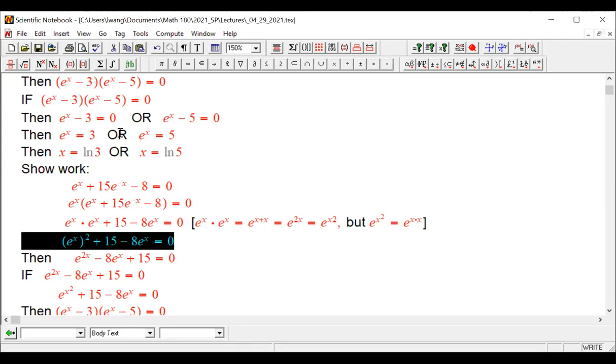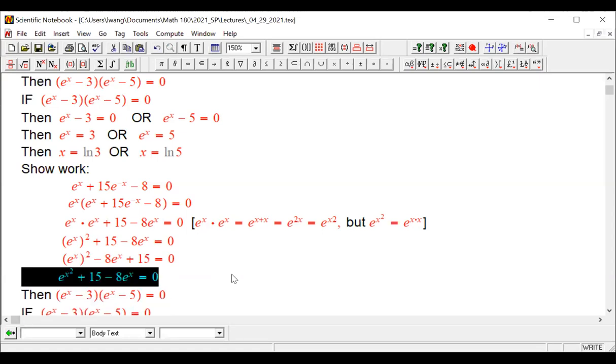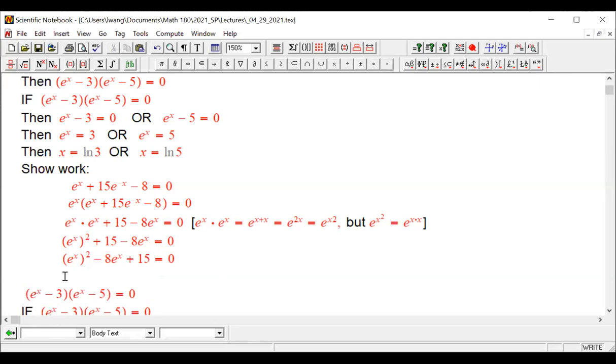You can even put something like that, okay? And bring the 15 over here. And these if then are just gone. Do you guys see all this trimming?